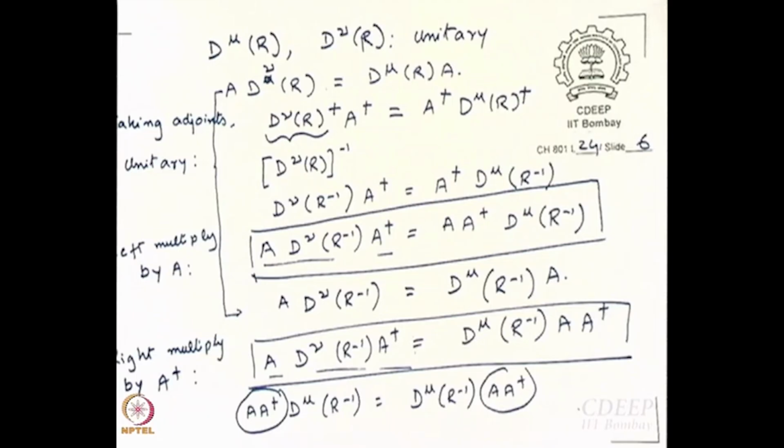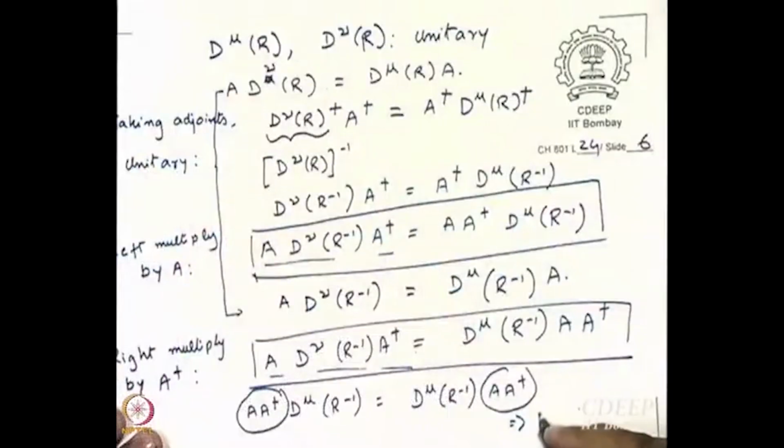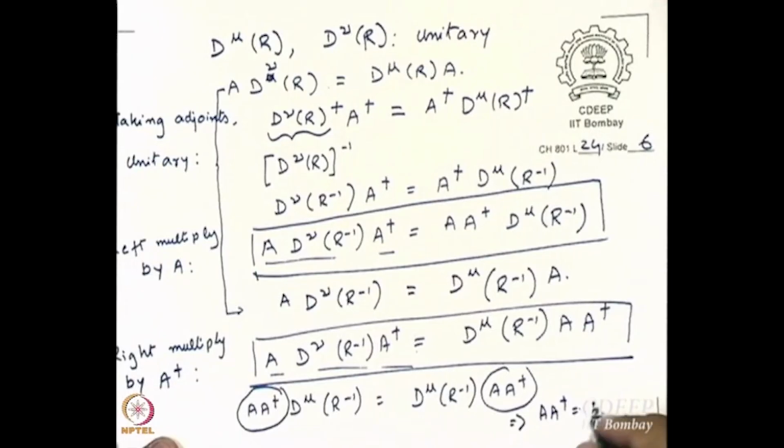So this A dagger, I can call it maybe anything, I can call it alpha. So won't you agree that this alpha matrix is a constant matrix? Right? So which implies A dagger is lambda into E.